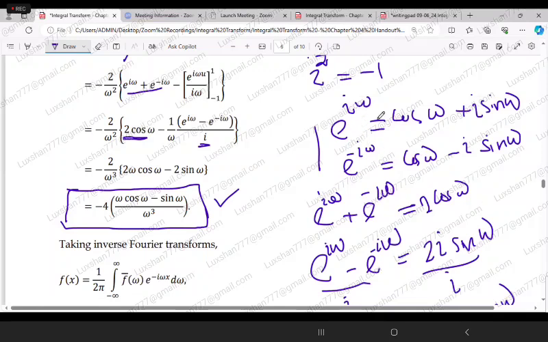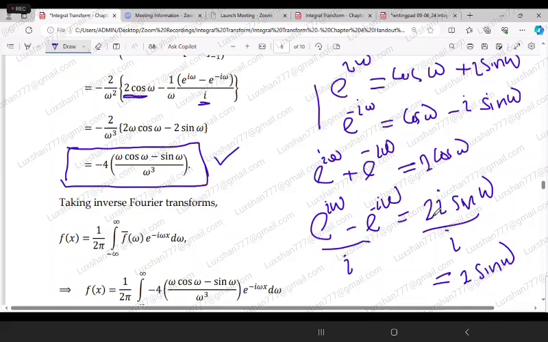And if you subtract the second one from the first one, you will get 2I sin omega. When you divide by I, you will get 2 sin omega. So I'm just replacing that one and taking this omega out. So when I take omega out, it will be multiplied by this one. Do you understand this one, students? Do you understand or not? Tell me whether you understand or not.